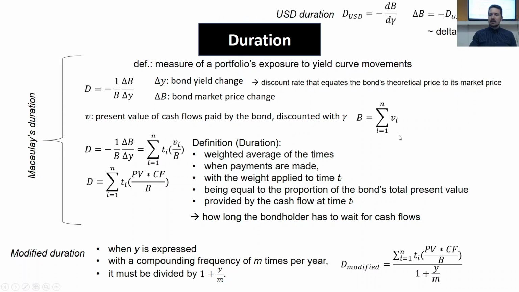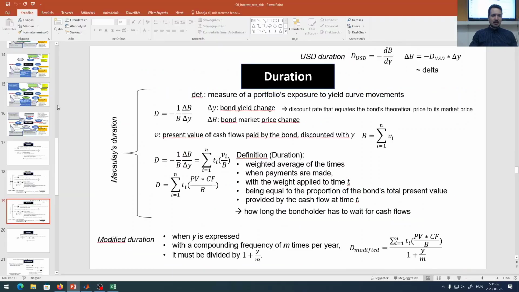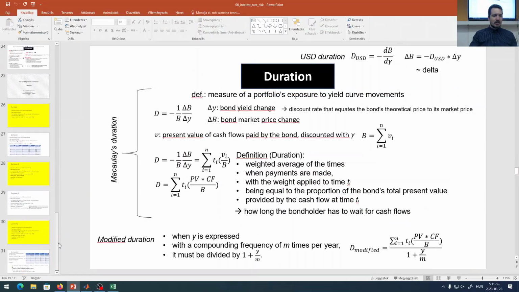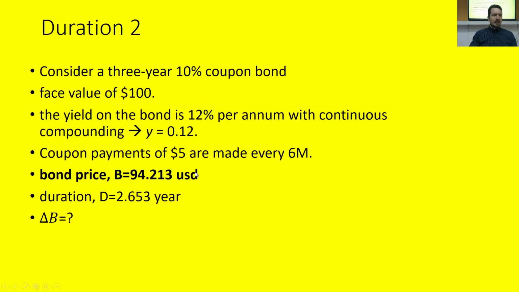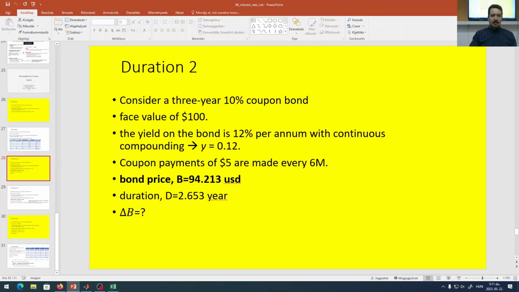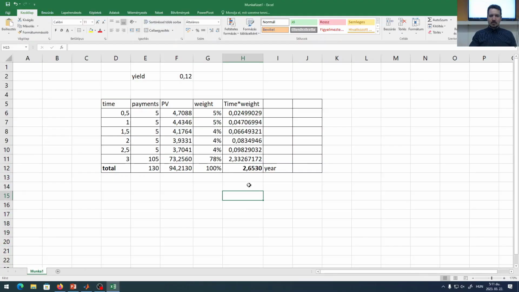And this is when we need the USD duration. So this will be the second part of the previous example, because now we have a bond price at this level, so we can say that the bond price is introduced.